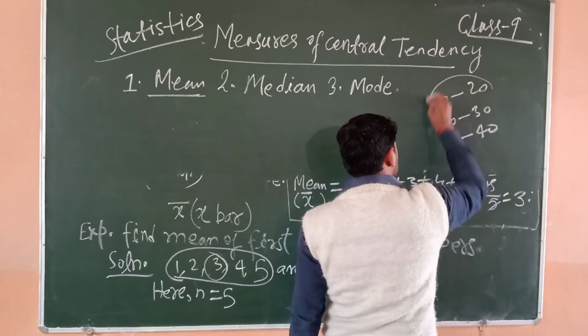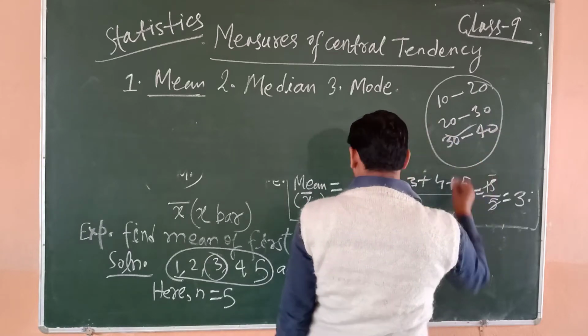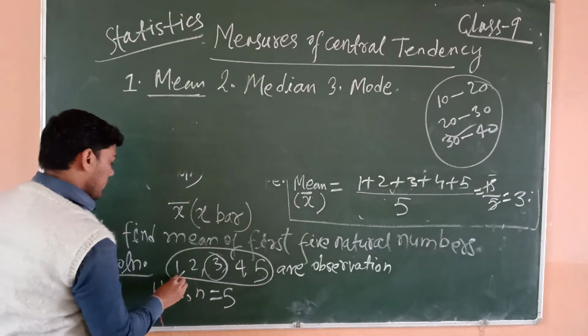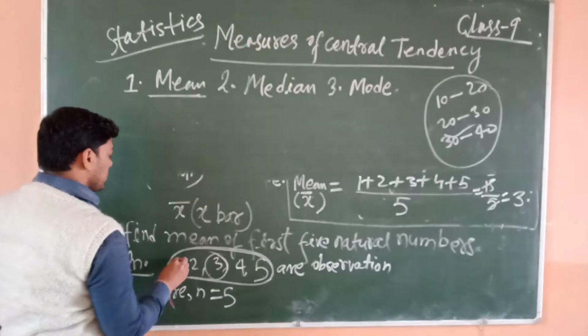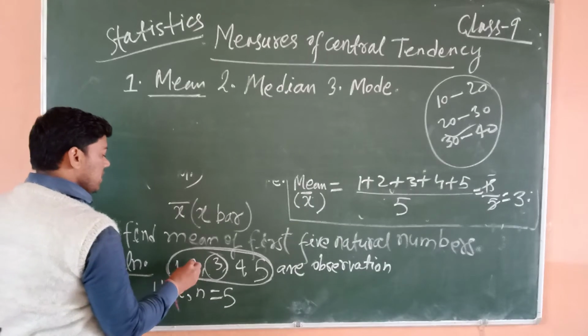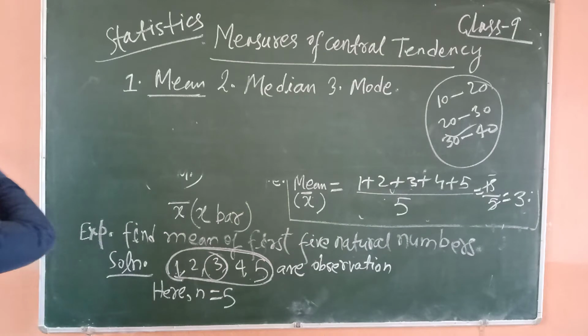So this is grouped data and this is ungrouped data. In this class we study mean, median and mode of ungrouped data only.